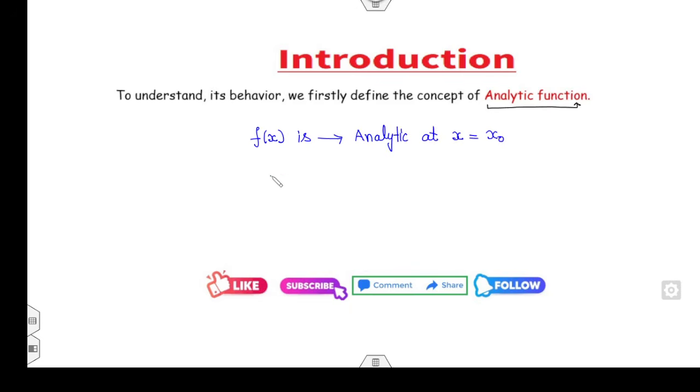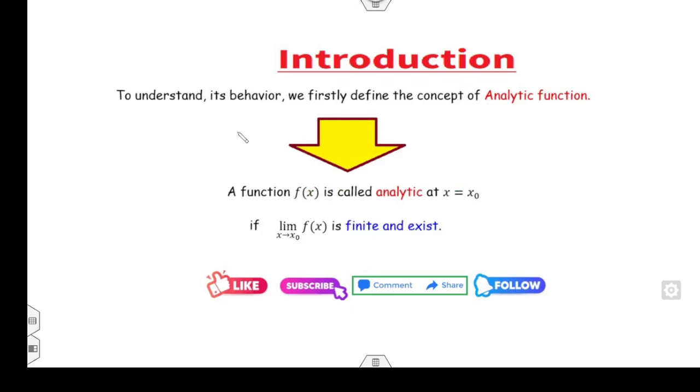When you calculate the limit of the function f(x) as x approaches x naught, if this limit is finite and exists, then you can say the function is analytic. Or in other words, analytic means continuous and differentiable functions.